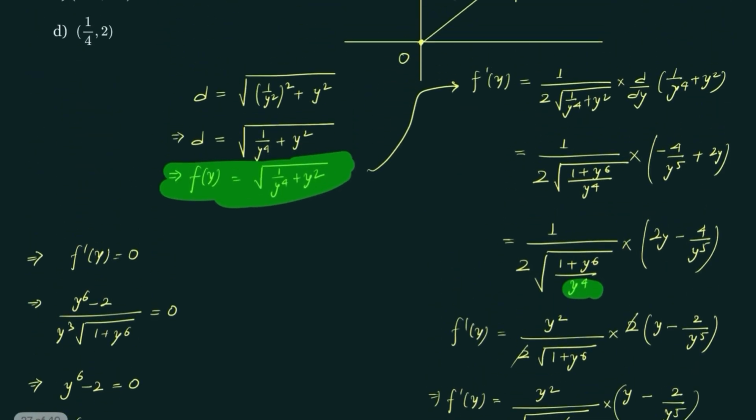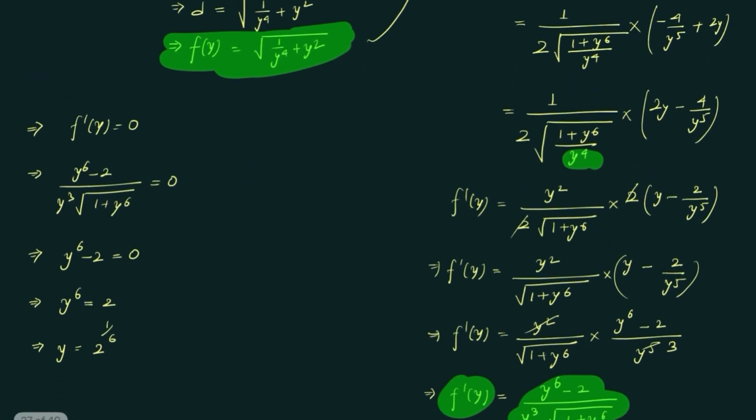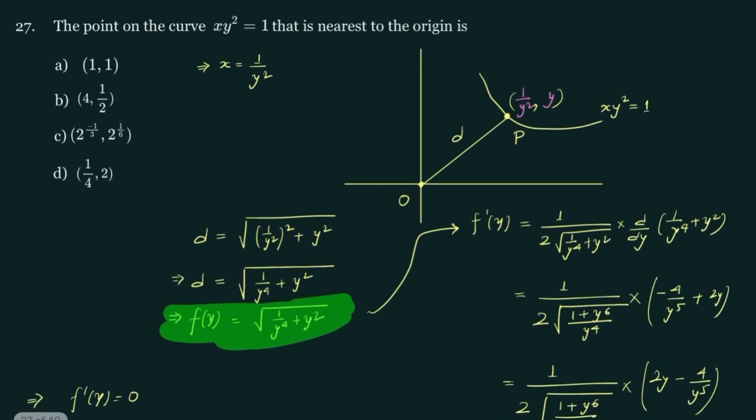Okay. Now see, since we got the value of y as 2 to the power 1 by 6, that means my ordinate, the value of y, is 2 to the power 1 by 6.